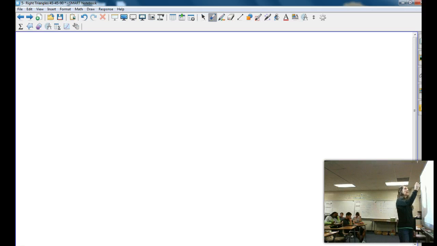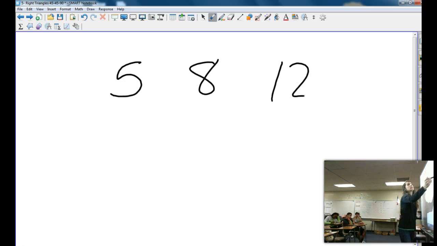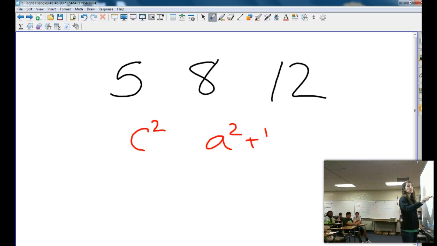So if I give you sides of 5, 8, and 12, in your calculator, figure out if that triangle is acute, obtuse, or right. First you need to write the Pythagorean theorem, and you need to write it backwards.